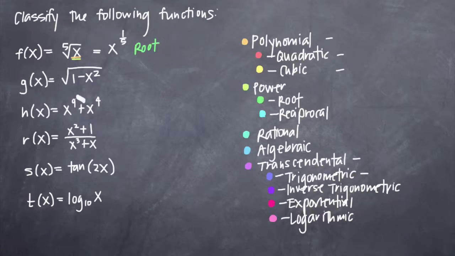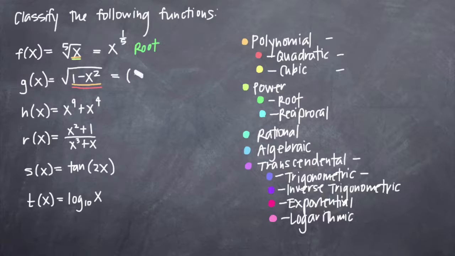Our function g of x is similar in the sense that we're still dealing with a square root sign. If we just look at what's inside the square root, we can see that 1 minus x squared is a polynomial function because our exponents here are non-negative integers. We could also get more specific and call this a quadratic function because the degree of our polynomial is 2. But if we did that, we'd be ignoring the square root sign.